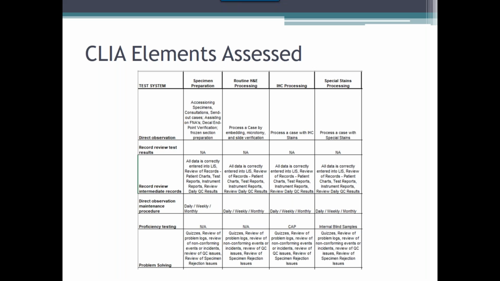Proficiency testing, again, is not applicable for specimen preparation. Problem solving is something that we consistently do with every test system for all areas. And generally for problem solving, we will do a quiz. We'll make a quiz where we look at high risk, problem prone, high volume sorts of issues that we know occur.